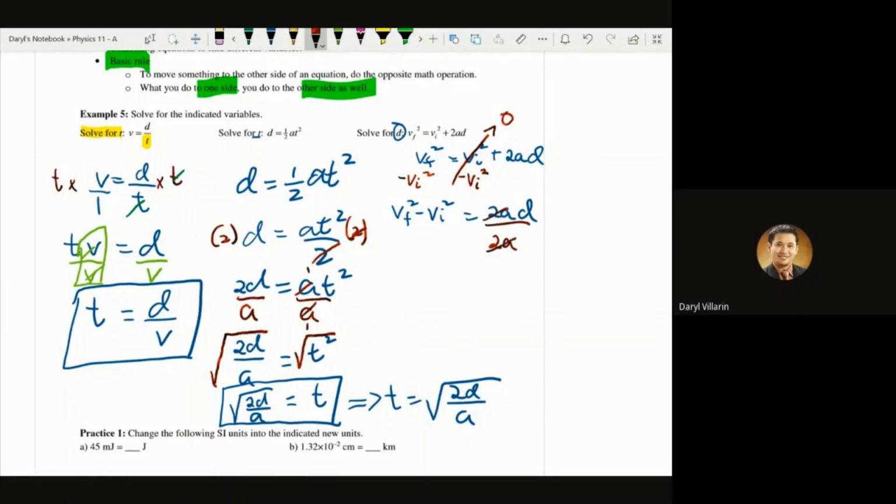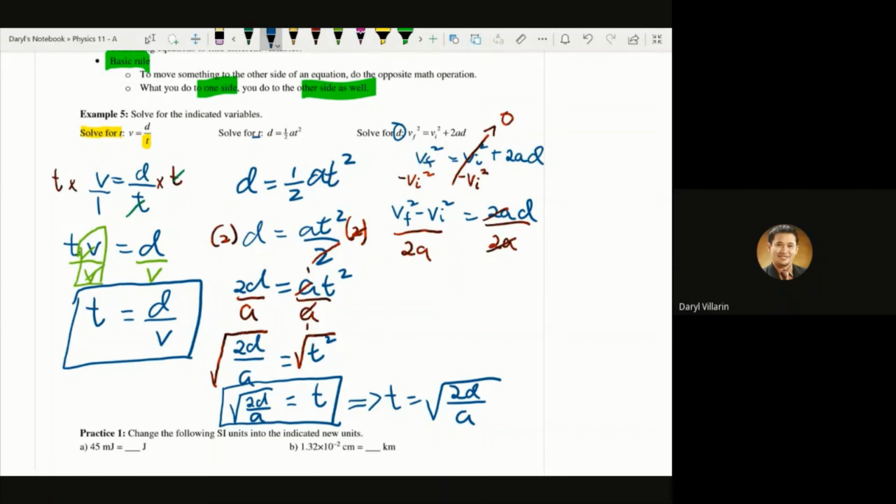Because I want to cancel them, or I need to get a value of just 1d. The coefficient of d should be equal to 1. Remember that for a term without any coefficient, automatically the coefficient there is 1. So I'm dividing both sides. I divide one side by 2a, I will also do that on the other side, 2a.